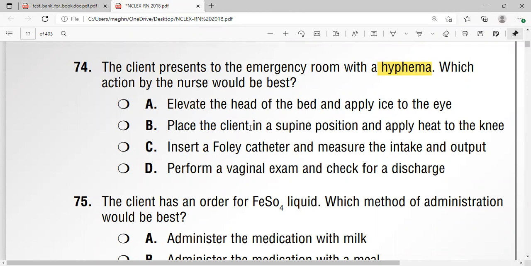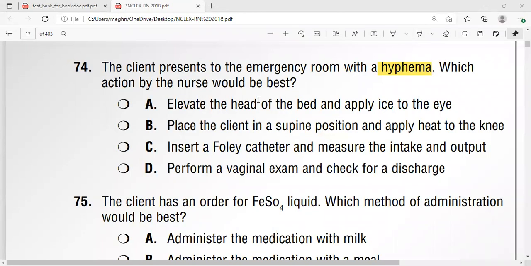B, place the client in a supine position and apply heat to the knee. C, insert a Foley catheter and measure the intake and output. And number D, perform a vaginal exam and check for discharge.